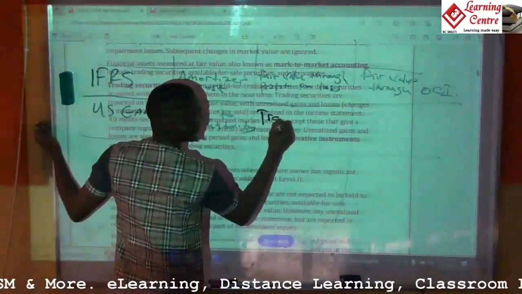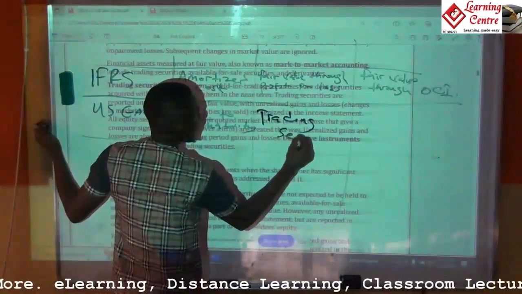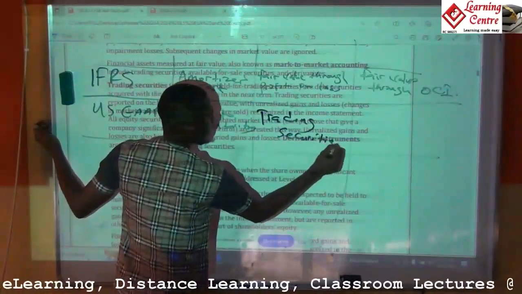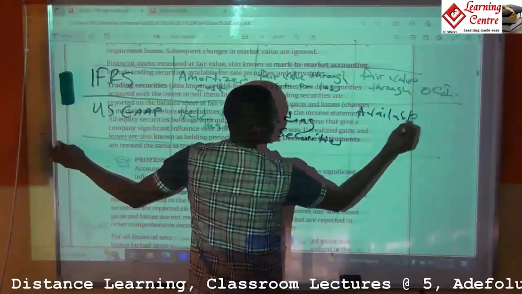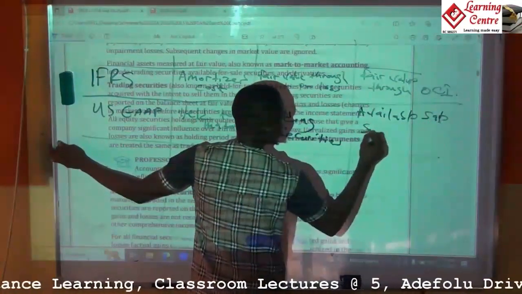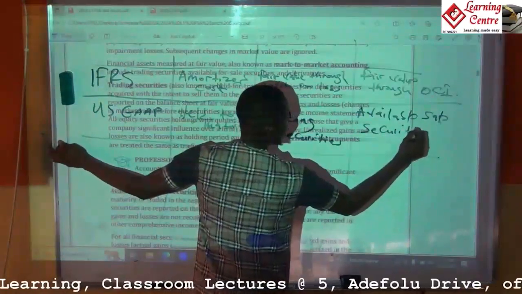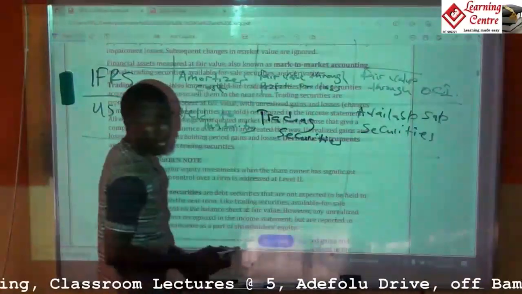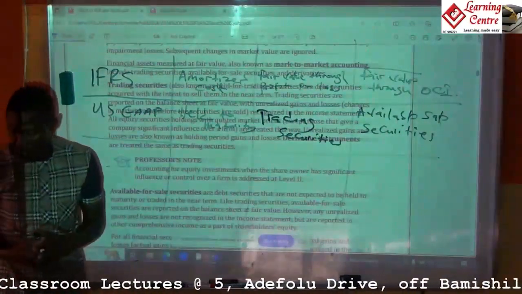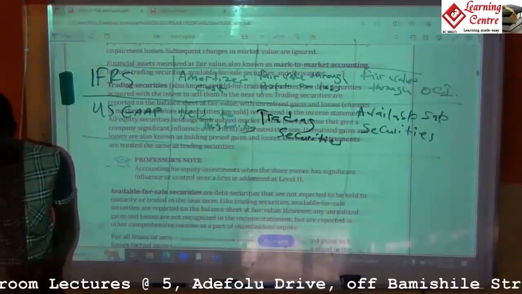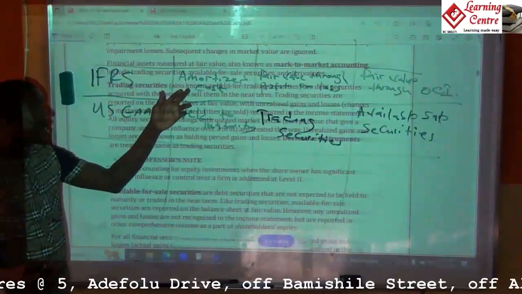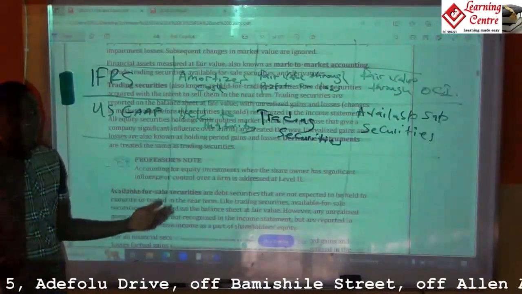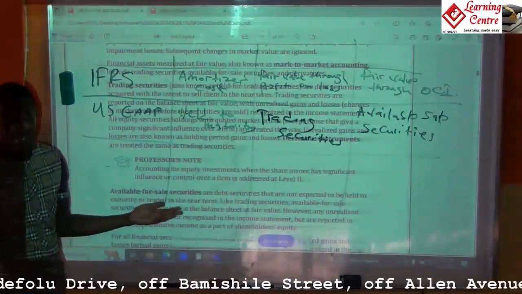Are you good? So it's the same meaning. Even before now, IFRS used to call it held to maturity, but they changed their name after IFRS 9, when they brought in the financial instrument.